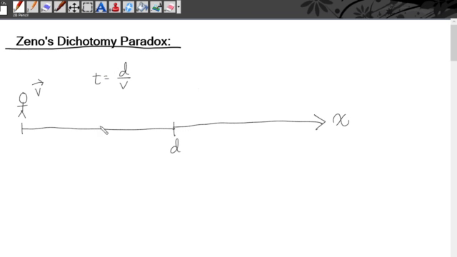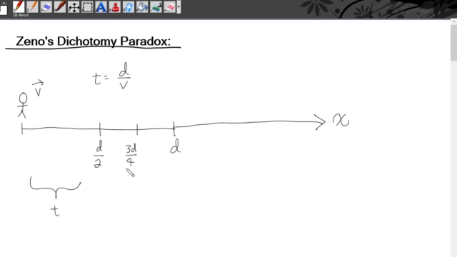And here's why. So let's say that Zeno travels distance d over 2, and this takes some finite time. Let's say it's t. Well, he still has to travel another d over 2. Now, let's say he travels another distance, d over 4. So now he's at 3d over 4.